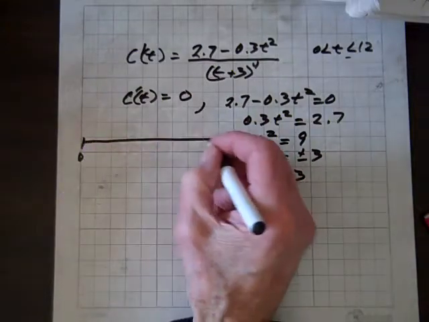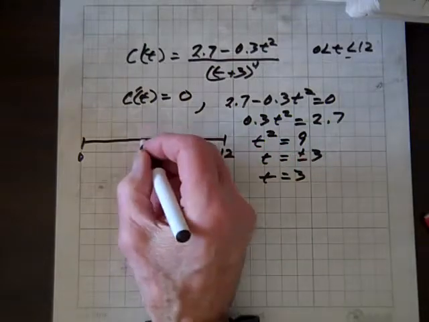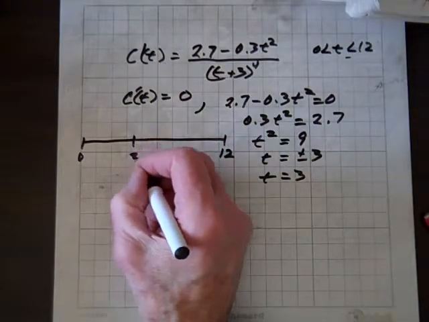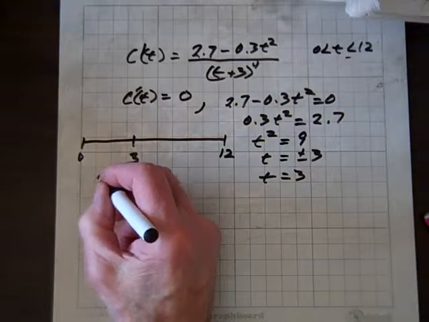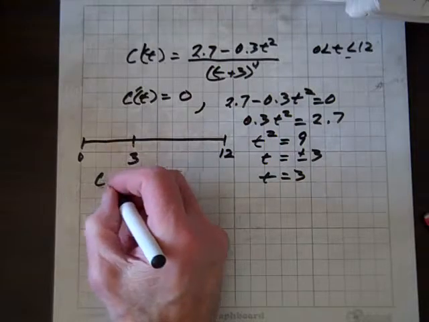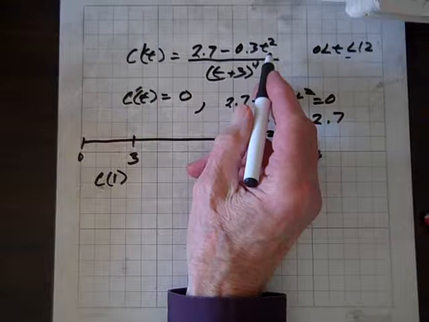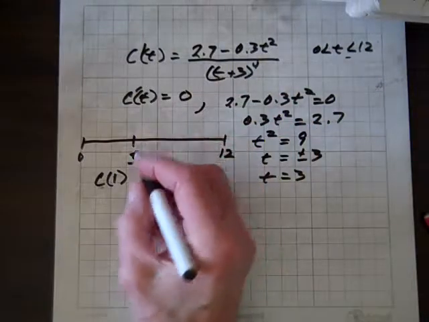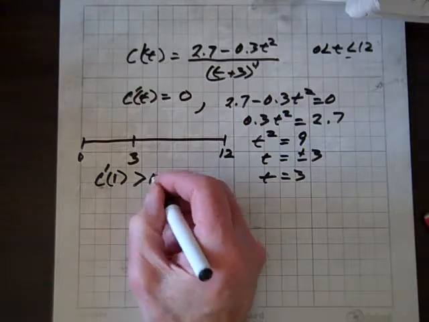Now let's draw a number line from 0 to 12. And we'll put 3 in here. And let's see what the slope is, C prime of some value in this interval, C prime of 1. And when I replace t with 1, I get that C prime of 1 is greater than 0.